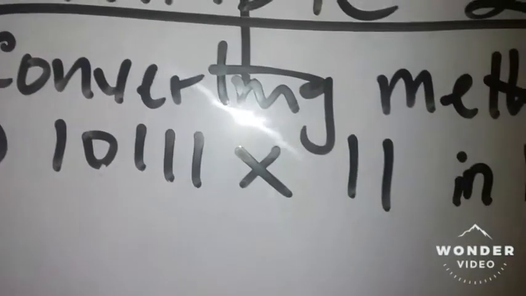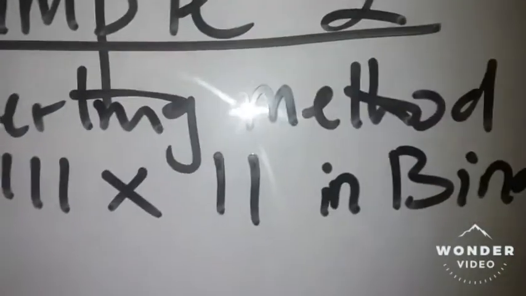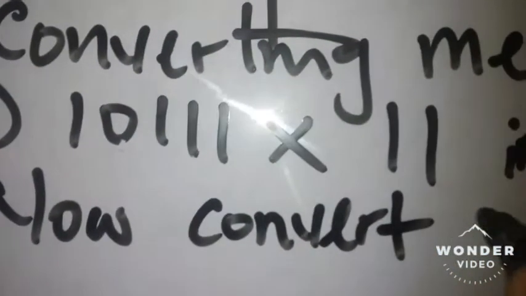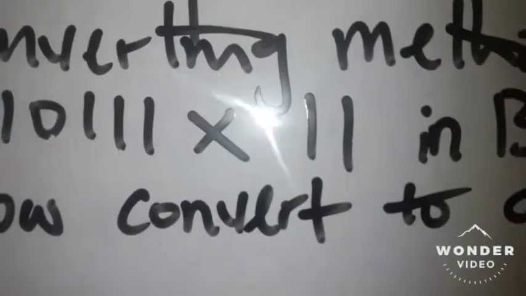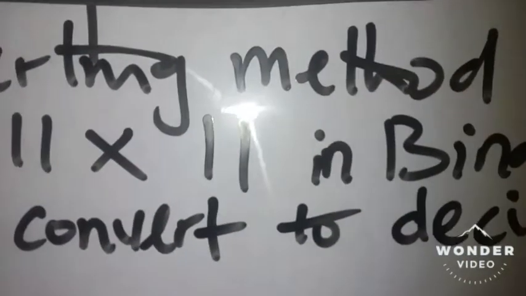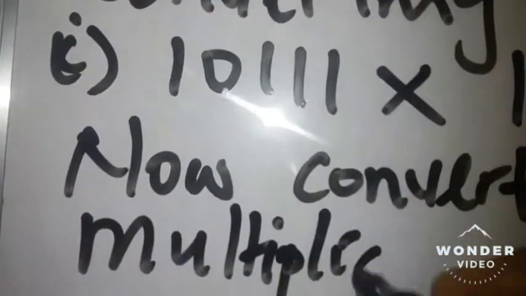We convert. The question is in binary. Now you convert to decimal by multiplication of 2, because it's in binary.